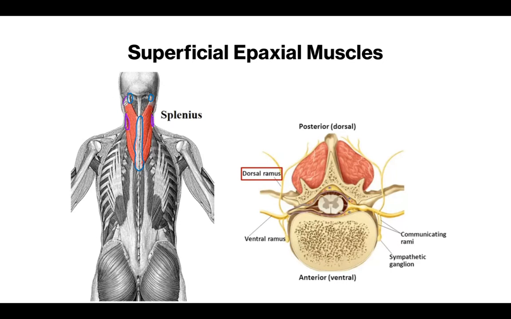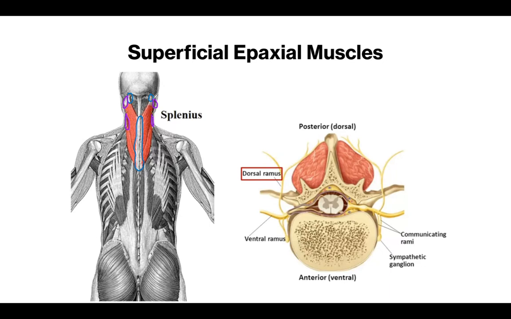So this is just a weird muscle to kind of start out with because we have these muscles within muscles for the splenius. Again, I'm not going to test you on the specific type, like capitis and cervicis, for this muscle, but you do need to understand both origins and both insertions for this muscle.